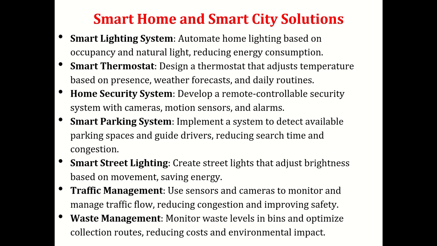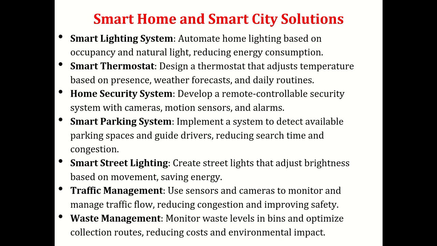Home security is another area, because you want to monitor your entire system, entire industry, your warehouses or personal homes. Depending on the locations, you need to use types of sensors, maybe motion sensors, cameras and so on, and it is monitored remotely. A smart parking system takes care of the available free spaces, guides the drivers, and reduces the searching time and congestion.